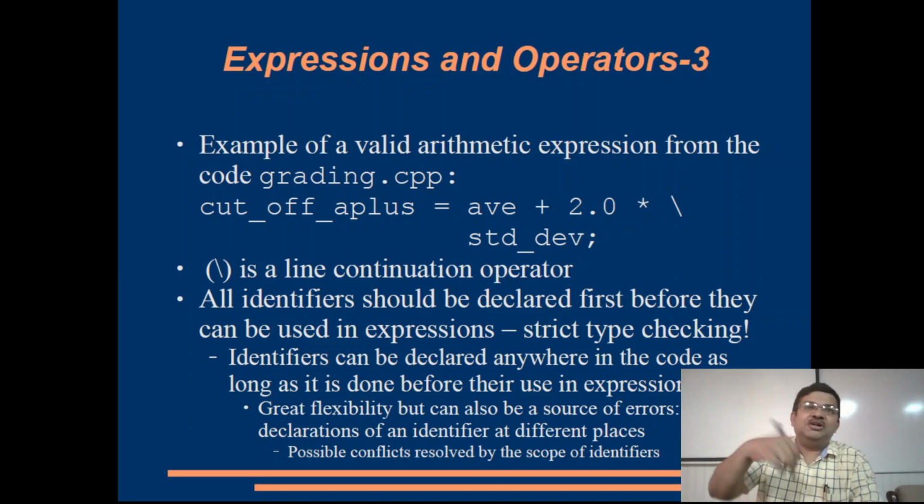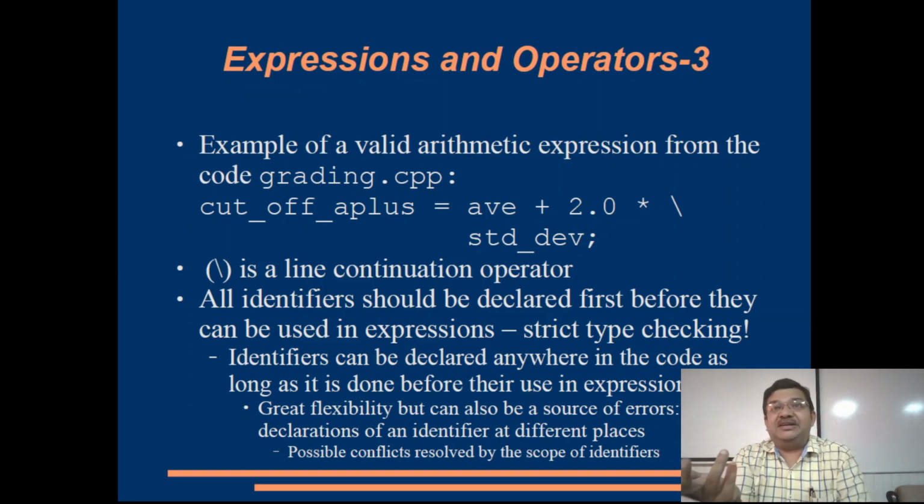You don't have to look at the top of the file where you have declared all the variables, right? So the possibility to declare variables anywhere in the code is a great possibility, but it can also be a source of error, because now there is no designated place to look for identifiers. I mean, your definition of identifiers can be anywhere in the code.